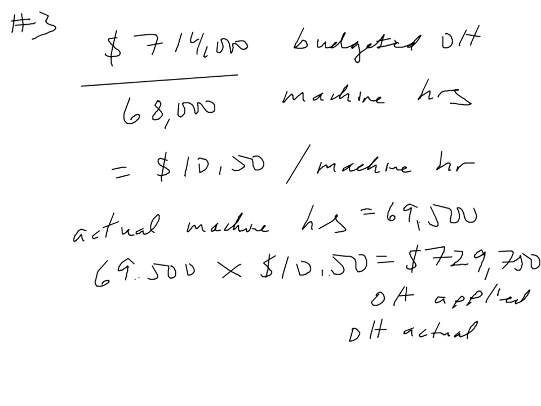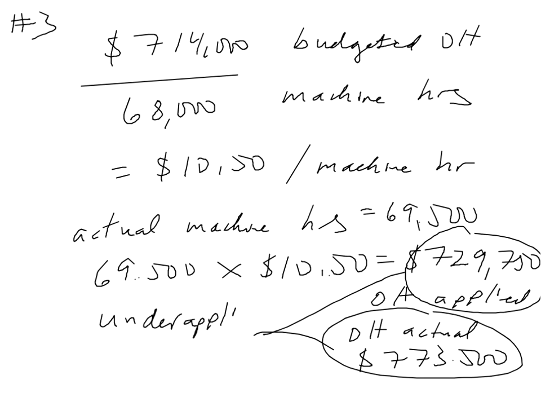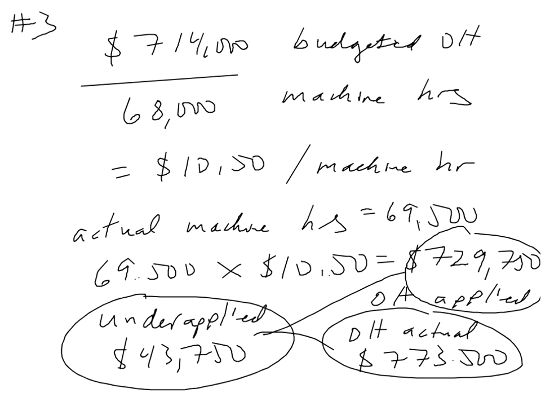Actual is, let's see, it says it's $773,500. All right, so overhead actual is $773,500. We applied $729,750. So we didn't apply enough. Our estimate was off, so that means that we underapplied by $43,750. So your answer to number 3 is underapplied by $43,750.